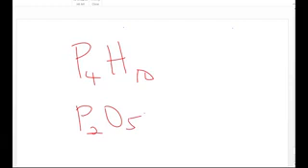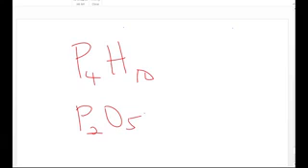Iron 3 is what? Fe3 plus. Zinc is what? Zn2 plus. Potassium is K plus. Silver is Ag plus. Magnesium is Mg2 plus. And so on and so forth. So let's look at this one.